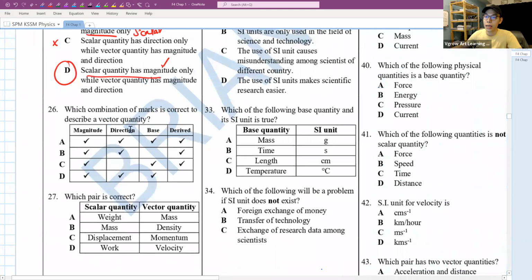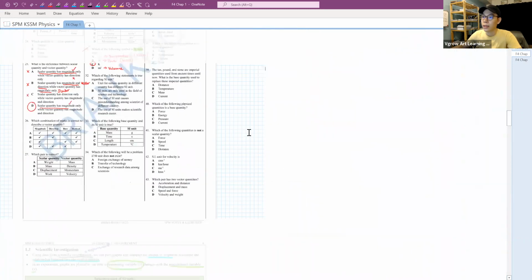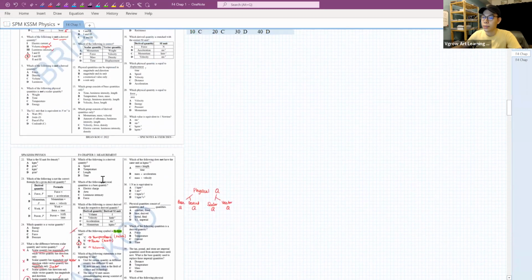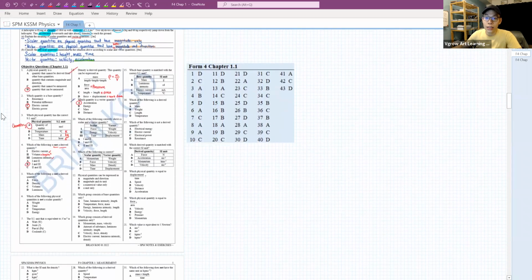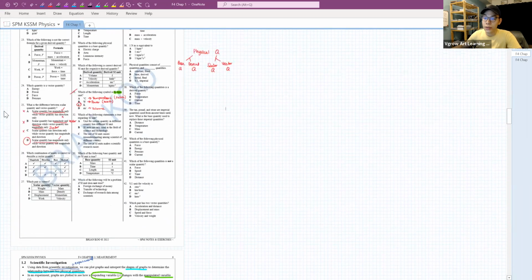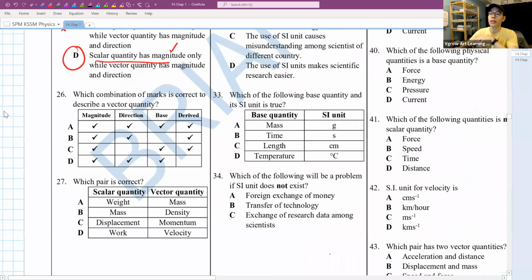Vector quantity. The answer is what? Let me see. 26. The answer is B. Okay, let's hope the question has nothing wrong. They say the answer is B. Which one describes a vector quantity? Magnitude, direction.